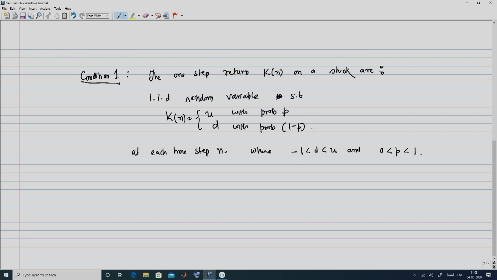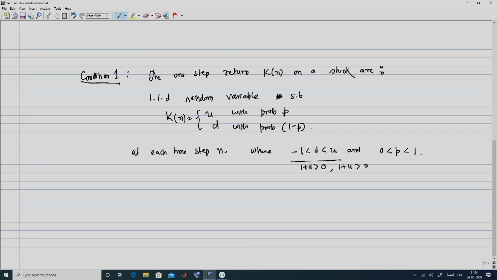We take the condition minus 1 less than d less than u, the reason being that I want first of all that 1 plus d should be greater than 0, and then obviously 1 plus u is greater than 0, so that the stock price at the next time point, when obtained by multiplying by either 1 plus u or 1 plus d, will still end up being positive.